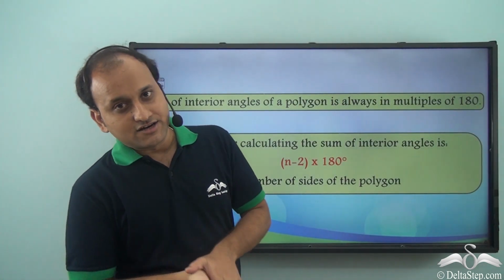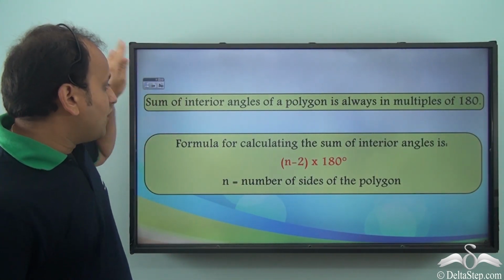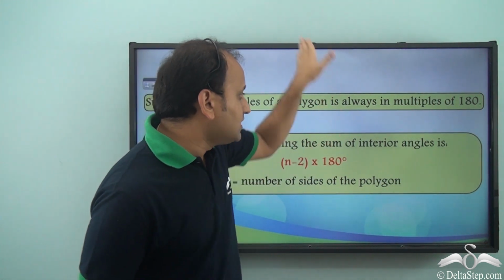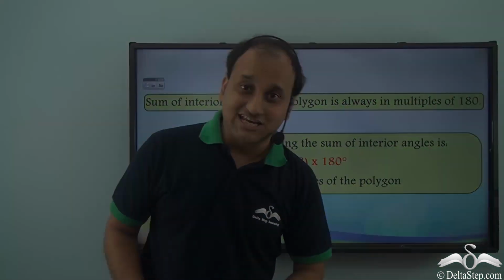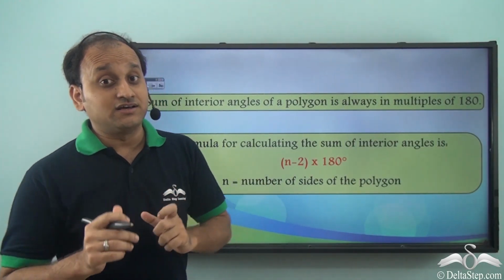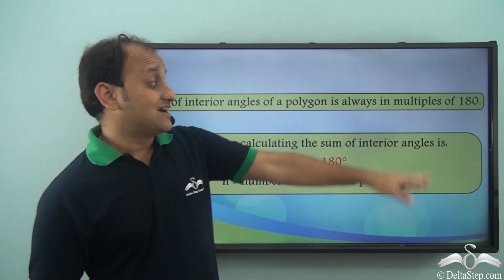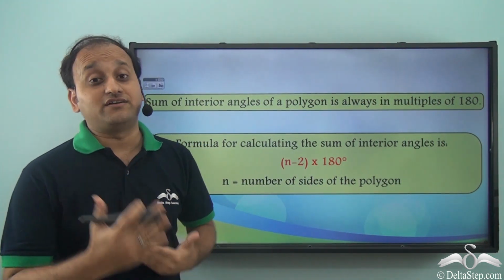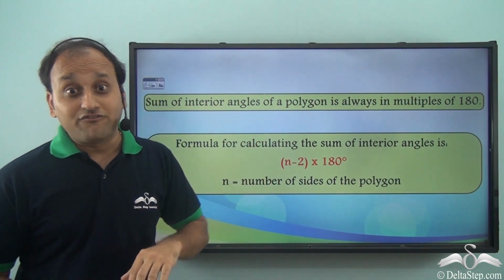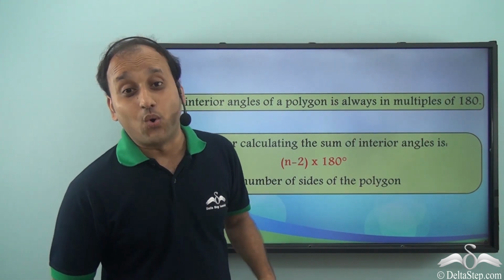So what have we learned today? Well, sum of interior angles of a polygon is always in multiples of 180, because sum of the internal angles of a triangle is always 180 degrees, and we always find the sum of internal angles in terms of number of triangles it can hold.